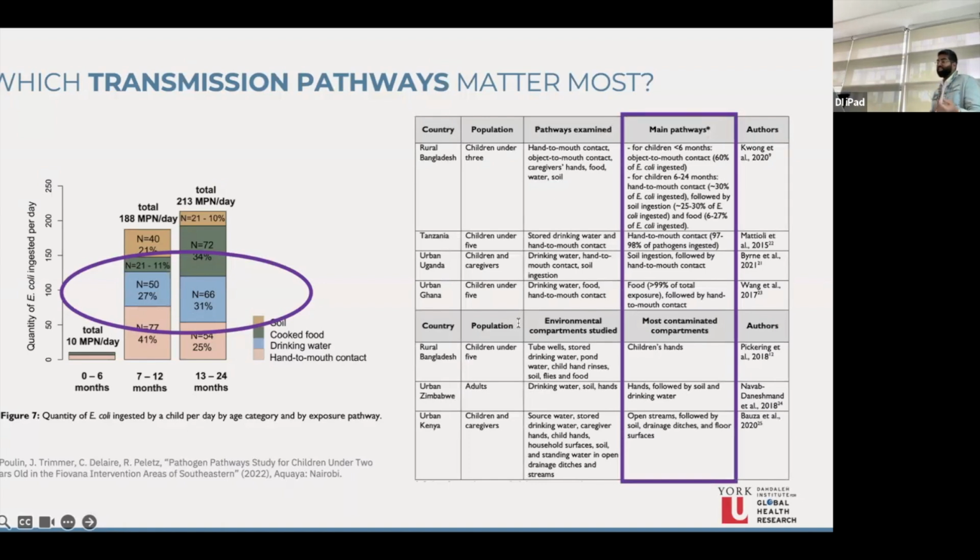Hand-to-mouth unhygienic contact, soil ingestion, animals in the household, contaminated food, contaminated environment, drinking water. They're all factors in different settings, right? Overall, what that tells us is that those different exposure pathways are going to be context specific, and you can't generalize which one is most important or not. And we see that multiple pathways are always active, right?